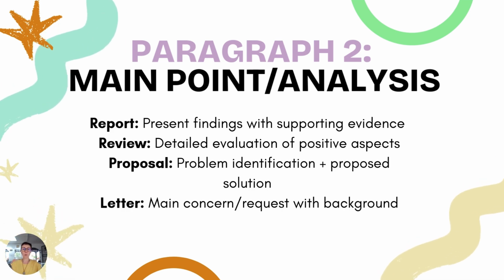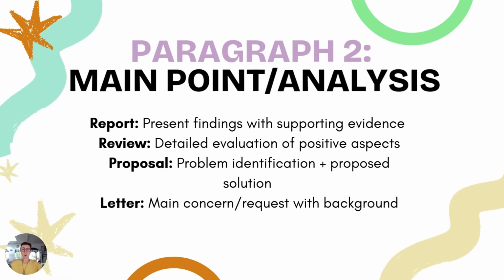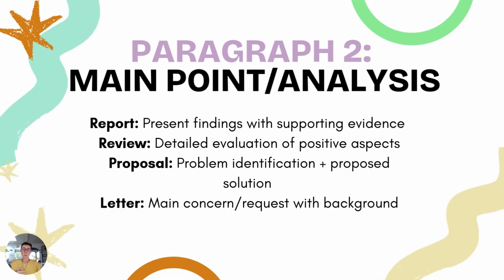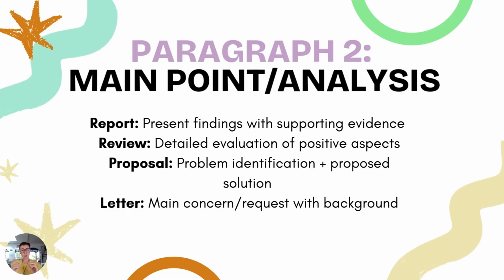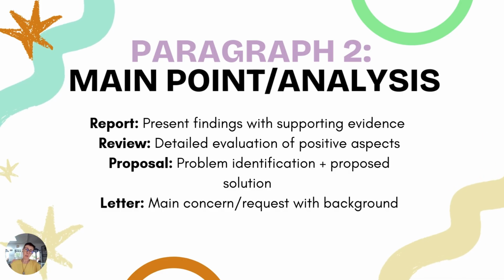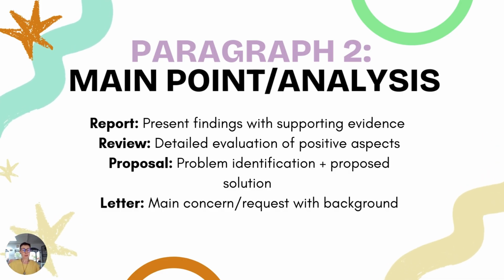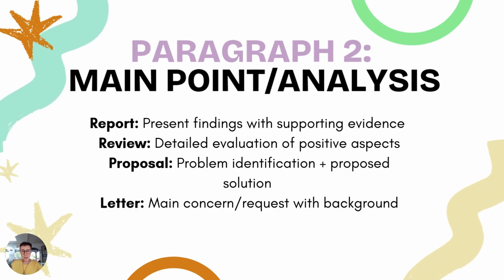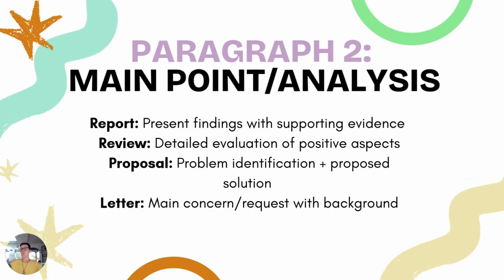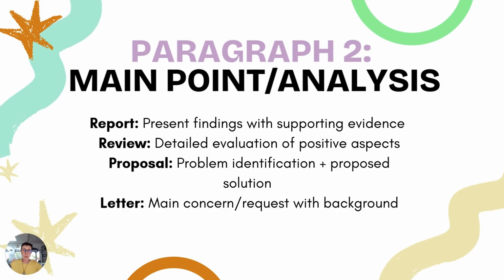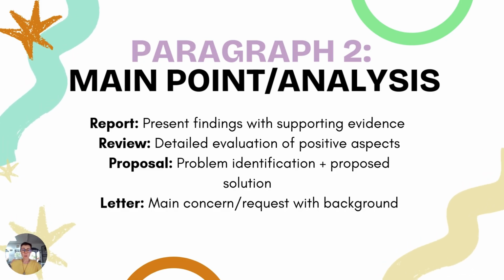For your review, it could be a detailed evaluation of the positive aspects. For your proposal, it would be identifying a problem and proposing a solution. And with your letter, it would be your main concern or your request with some background information. Or if it's in the case of writing a letter to a friend or an email to a friend, it will be addressing one of their issues that they're having.